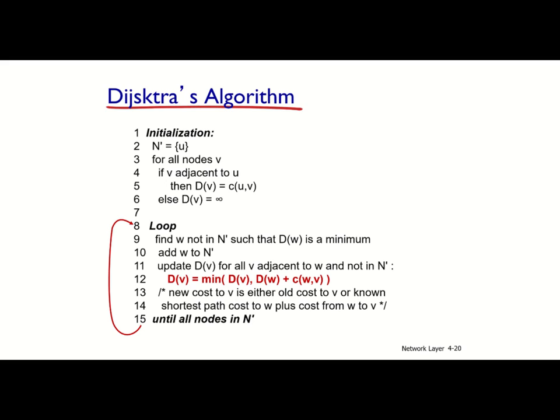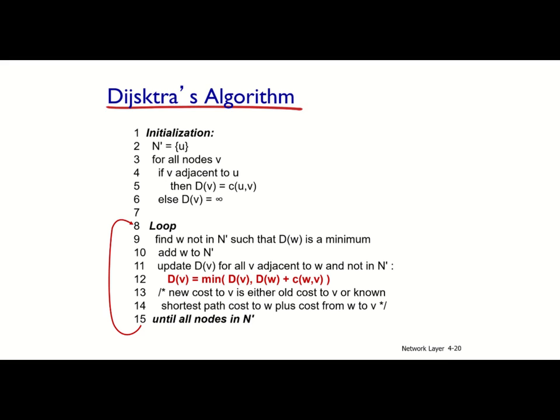As I said at the beginning, N prime only contains the source, which is u here, and for all other nodes, we have to first initialize their distances to the source u.